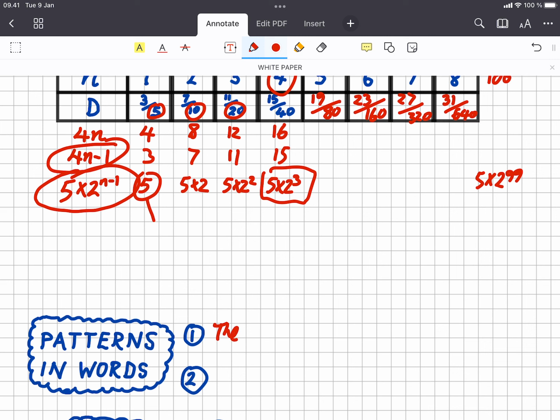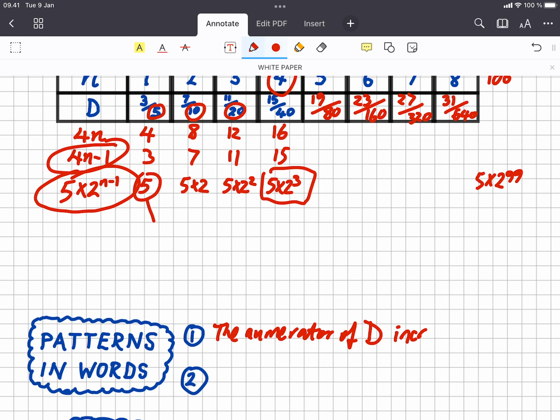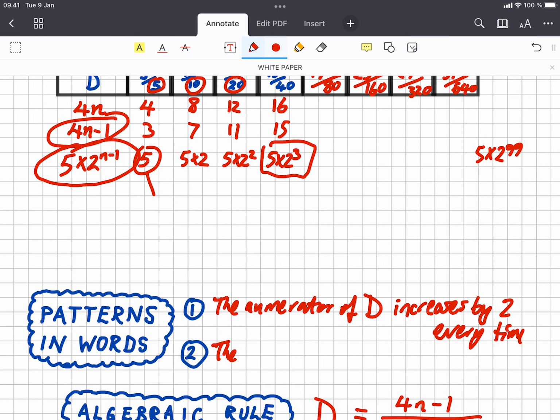So the numerator of D this time increases by 4 every time, whereas the denominator of D doubles each time. So that's 2 good patterns in words.